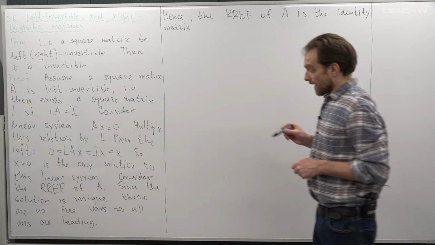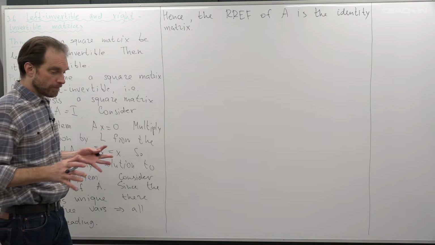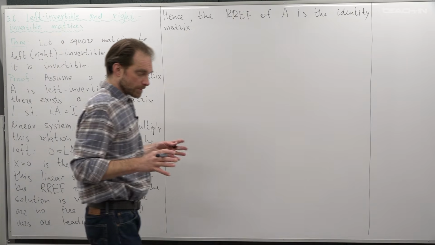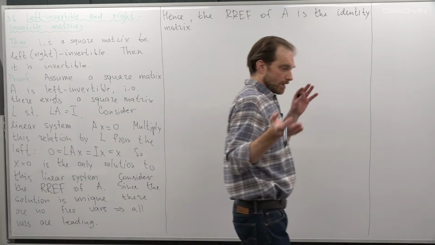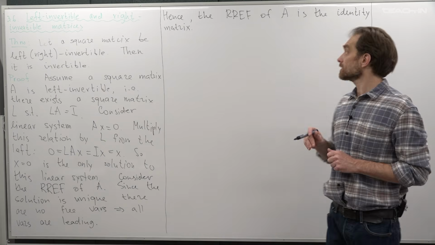We know that every elementary row operation corresponds to multiplication by some elementary matrix from the left.